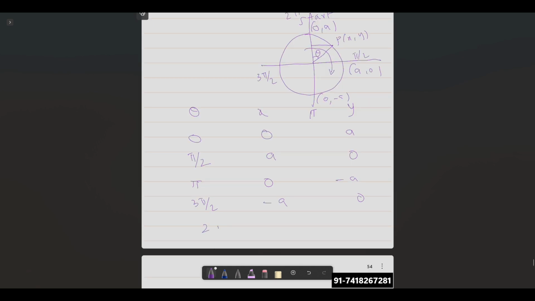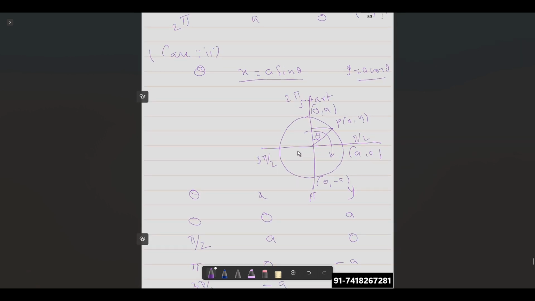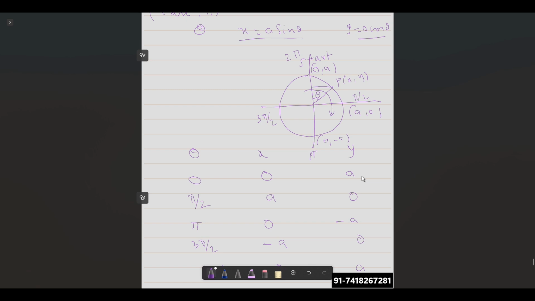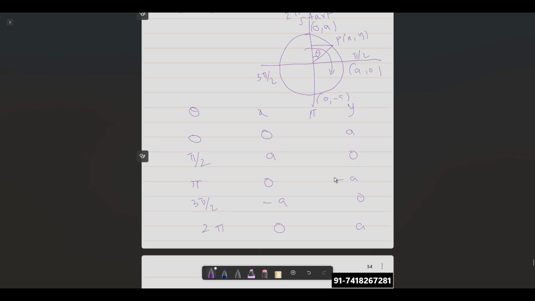And for 2 pi it will be the same, 0 comma a. So this is what is explained in your textbook. I don't know where it will be useful, but this is what is explained in the textbook.